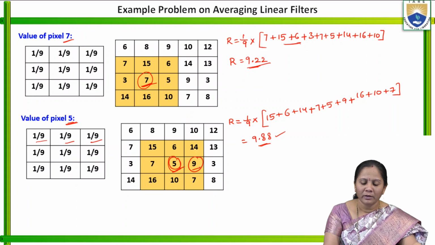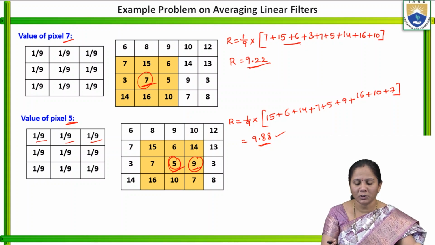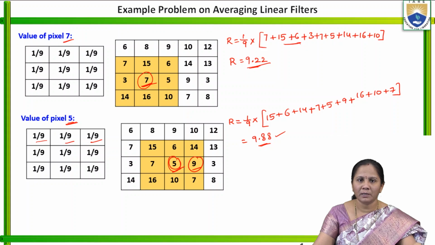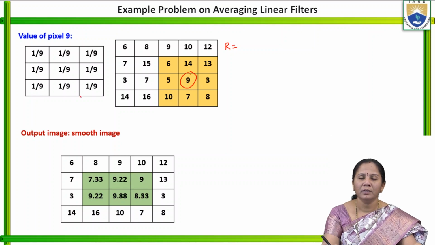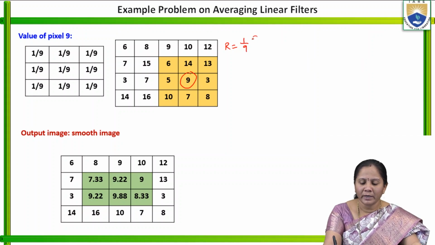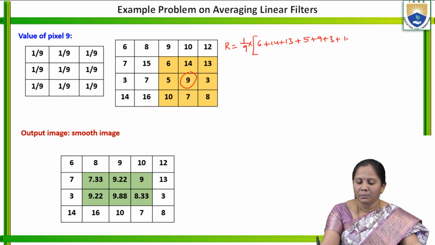And the last pixel value we need to find is 9. In order to find it, we have to shift the mask such that 9 becomes the center pixel value. So it looks like this. So 9 has become the center pixel value. Now if you perform the convolution operation between this mask and the pixel values of the image shaded region, we will get 1 by 9 into 6 plus 14 plus 13 plus 5 plus 9 plus 3 plus 10 plus 7 plus 8.